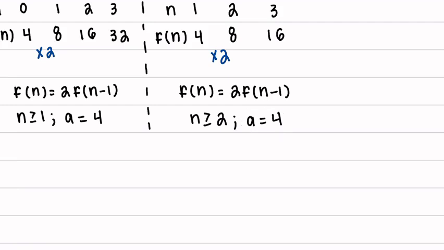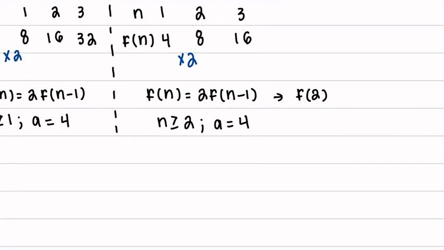I'm going to show you how this works. If I wanted to know f of 2, because that's the first one I can use this for, then that would be 2 times f of 2 minus 1. Okay, f of 2 equals 2 times f of 1.